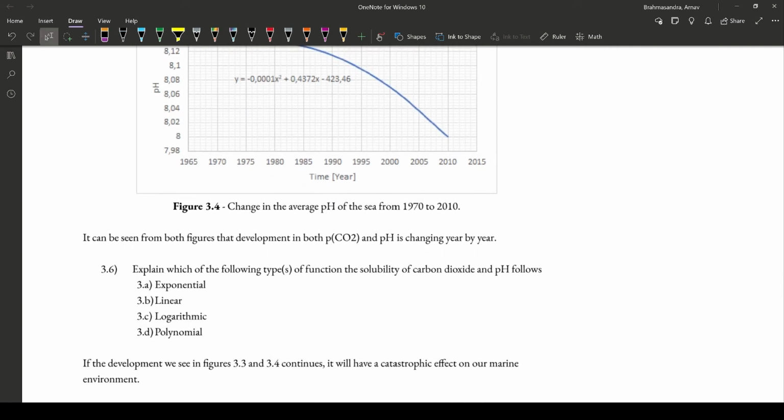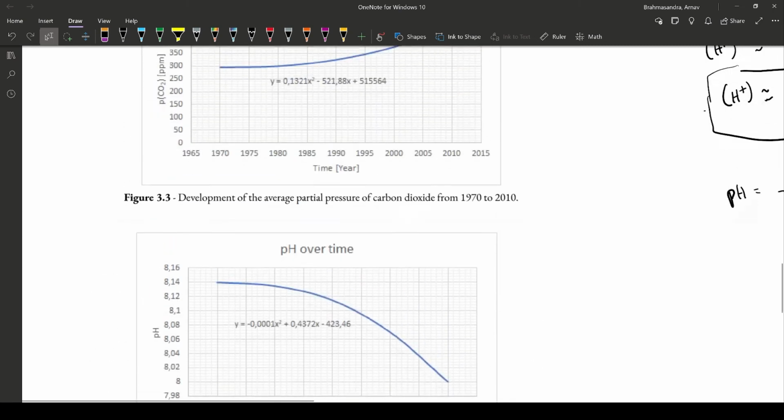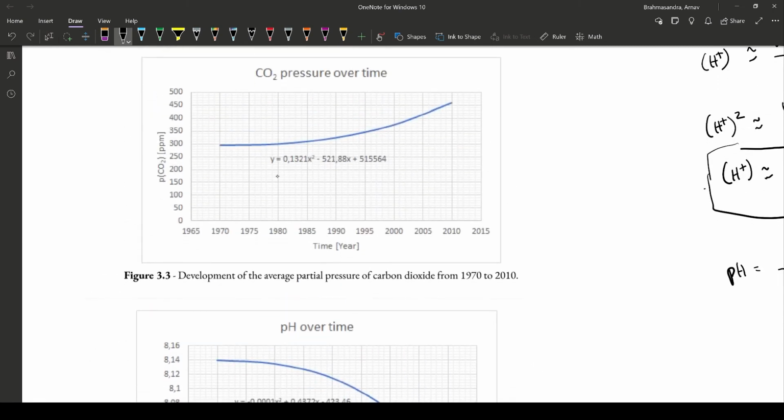Next, in 3.6, it's saying to explain which of the following types of functions the solubility of carbon dioxide and pH follows. This is a very, very easy question. I kind of overthought it when I was initially doing it, but we can see in these diagrams that y, or our pressure of CO2, is equal to some sort of quadratic, right?